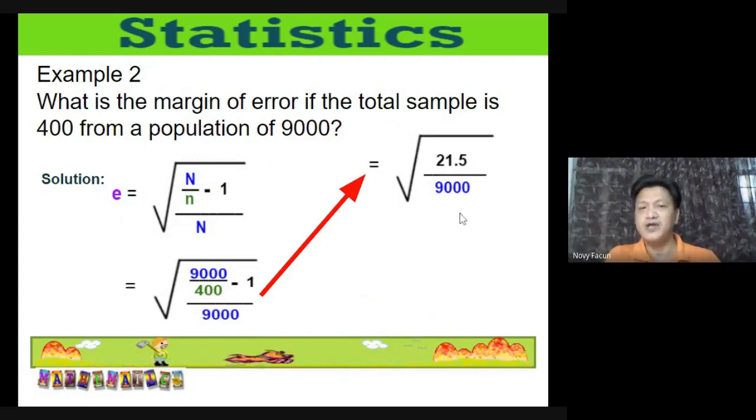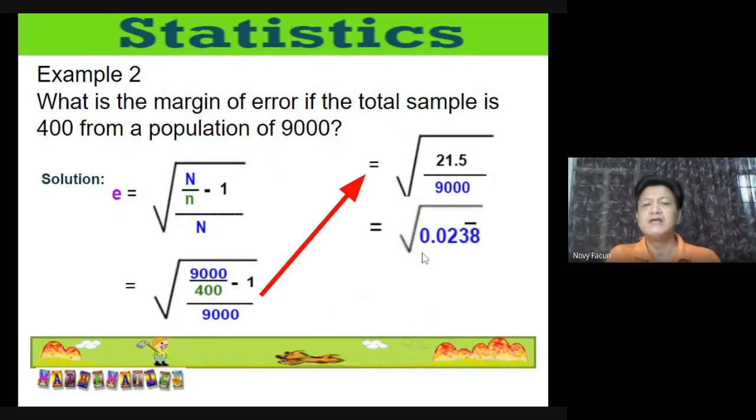Step by step tayo, no, para masundan nyo. And then, from this, you can now divide 21.5 divided by 9,000, and that will become 0.0238. Okay, this is repeated decimal. Kaya may bar symbol siya. And from this, you are going to get the square root.